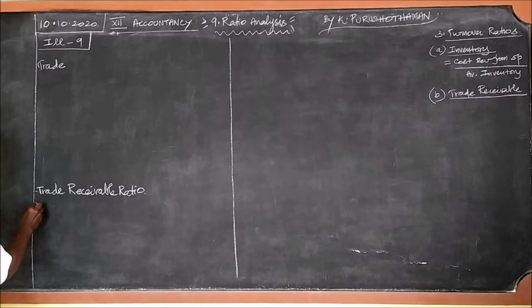Trade receivable ratio is equal to, the credit items should be added.